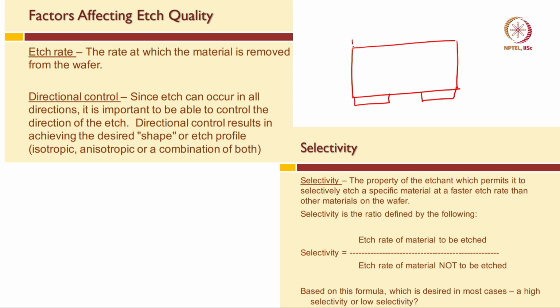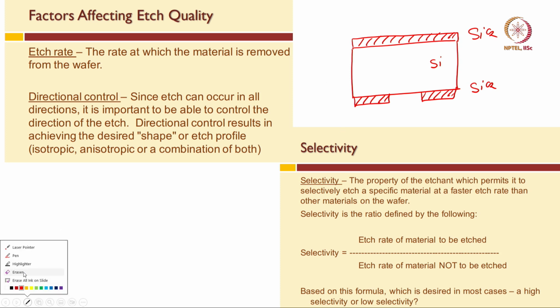Again I am taking the same example, so it is easy for you to recall. So, you take silicon dioxide here, you take silicon dioxide here, and now you start etching. Okay, you start etching what? Etching silicon. So, if I start etching silicon, what should happen? Only my silicon should get etched and not silicon dioxide, right. So, only silicon should get etched and not silicon dioxide.